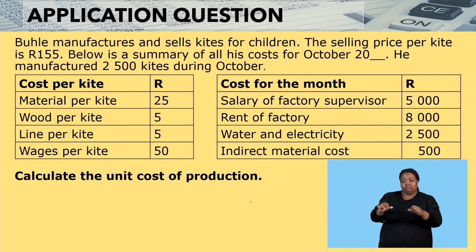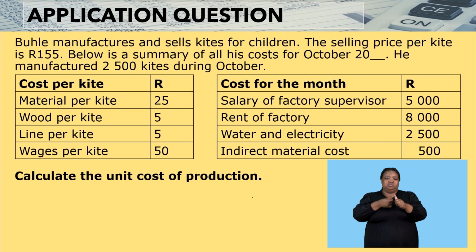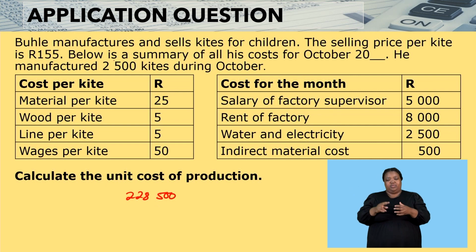The next question then says, calculate the unit cost of production. The unit cost of production. We know that it costed us 228,500 to produce 2,500 kites. How much is it going to cost us to produce one? That is what they're saying, unit cost.